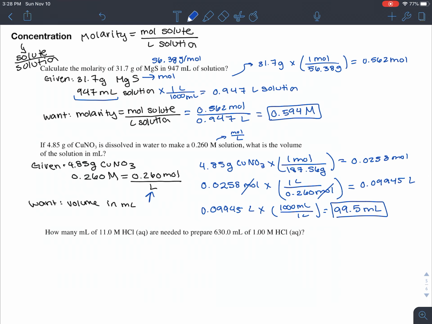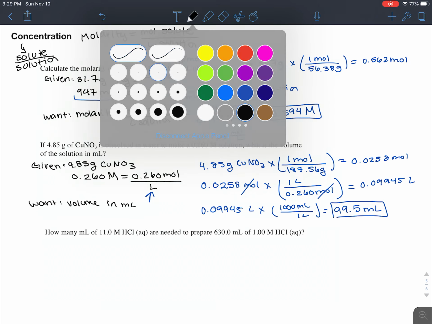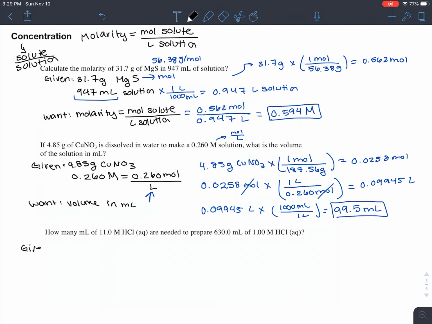How many milliliters of 11.0 molar hydrochloric acid are needed to prepare 630.0 milliliters of 1 molar HCl? So you're given 11 molar HCl, and you're also given 630 milliliters and 1 molar HCl. You have the same exact compound and you're just diluting it.